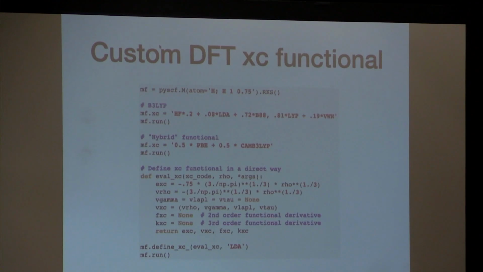B3LYP functional. And of course, you can do other types of definitions, like a true hybrid functional, in which you can hybridize two different functionals into a new functional. It might not be that realistic because PBE or B3LYP themselves are basically well-developed functionals.